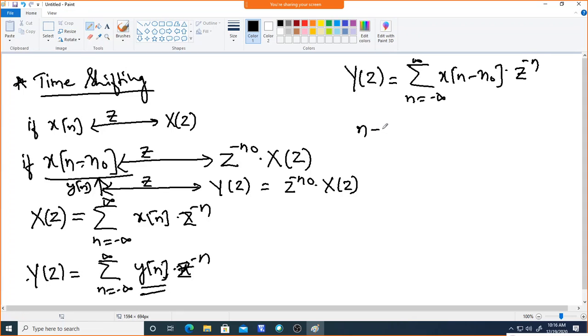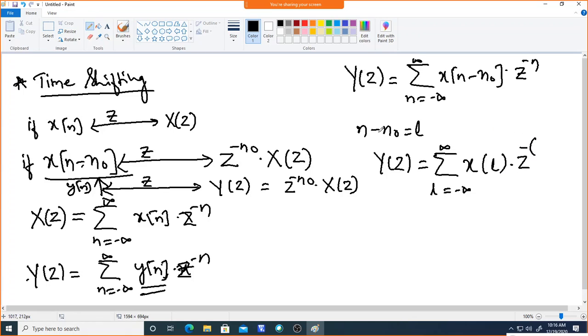Now we can take n minus n naught equal to some variable L and substitute it. So what do you get? If n equals minus infinity, L is minus infinity, so the summation from minus infinity to plus infinity of x of L into z power minus n, where n is replaced by L plus n naught. Now you can take the factor z power minus n naught outside, because the variable is L here.